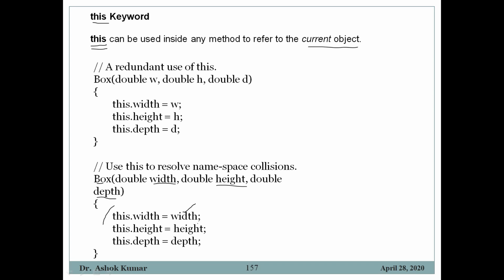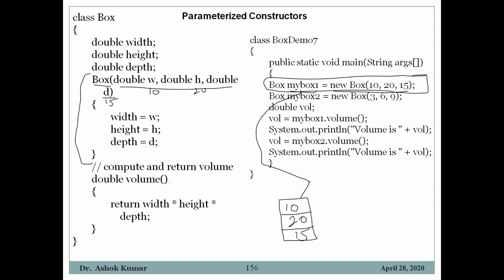So if you want to refer to the instance variable, you have to use this keyword. So this dot width means this width is the instance variable. It's the instance variable of the calling object because this refers to the calling object, right?